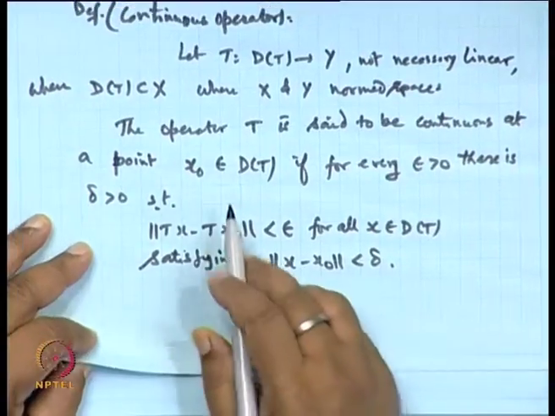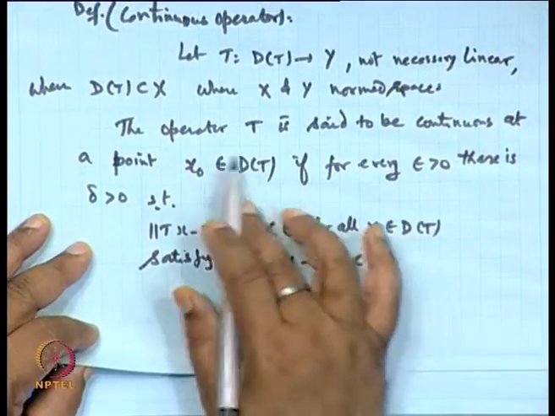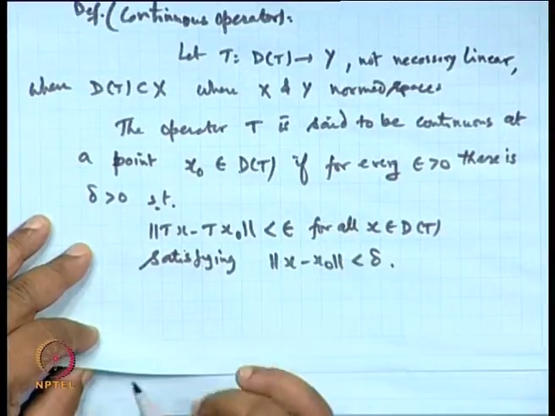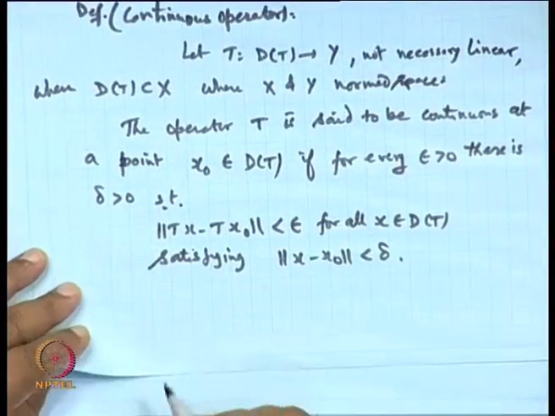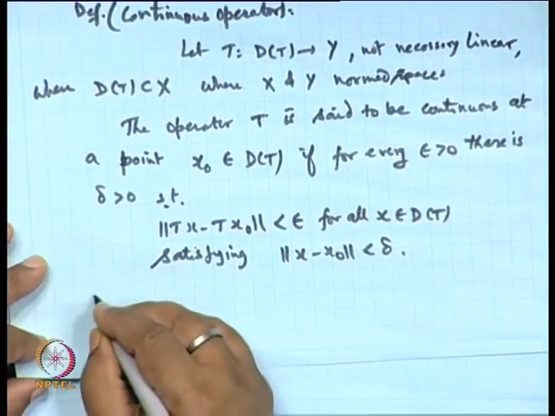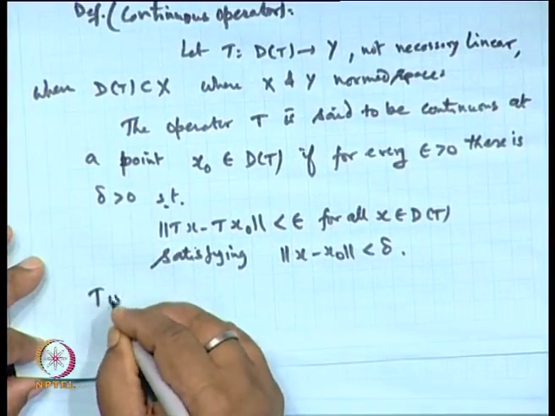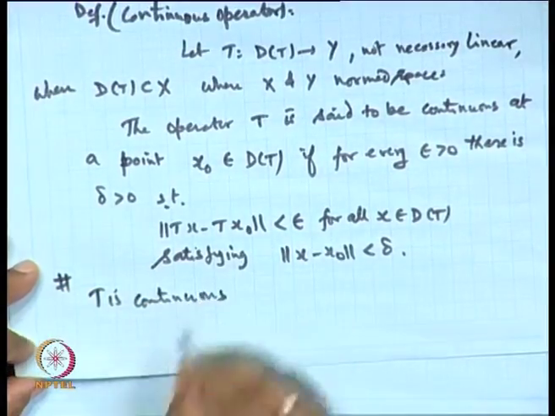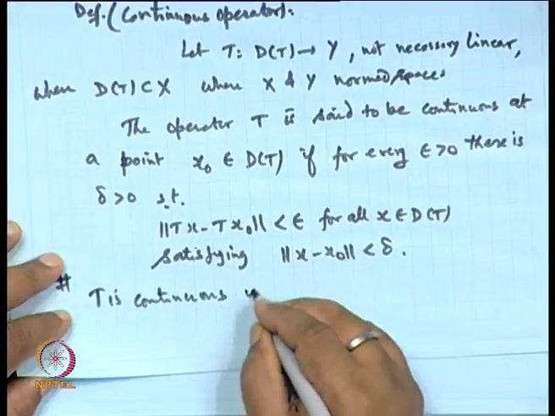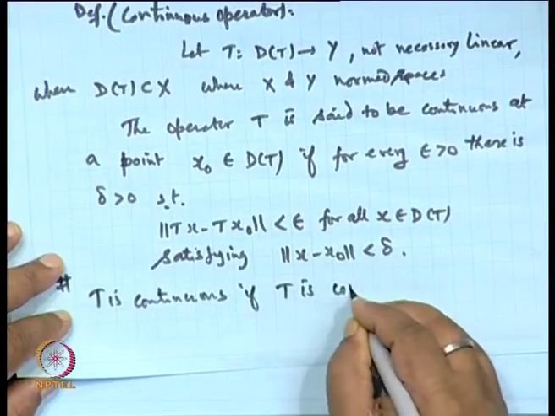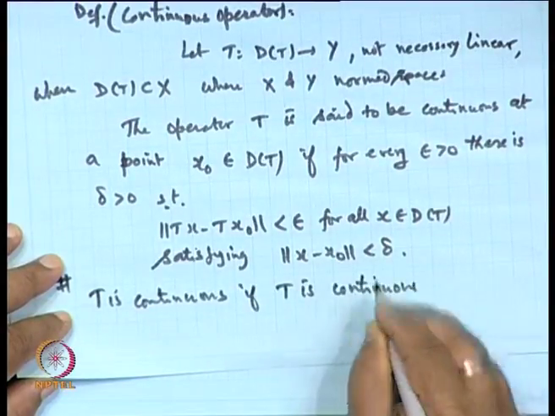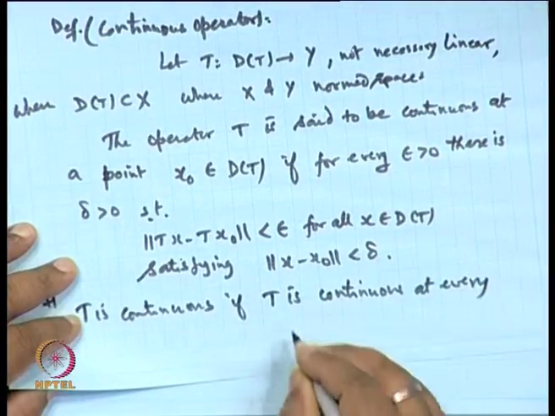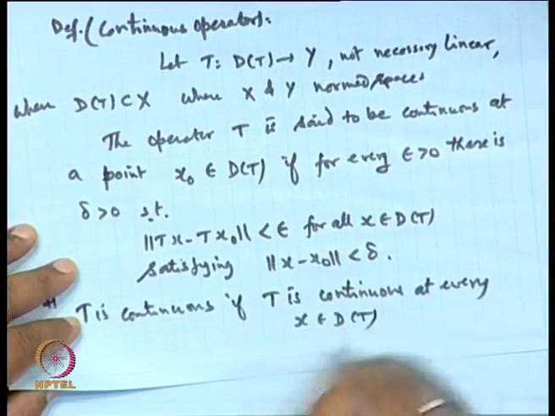Now, if x naught is an arbitrary point, if this is true for all the points of D_T, then we say T is continuous over the domain. So, we say T is continuous if T is continuous at every x belonging to domain D_T.